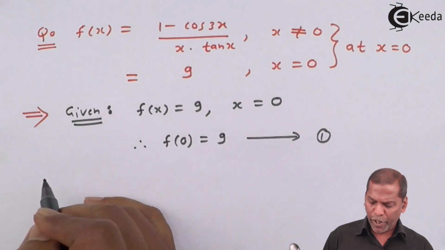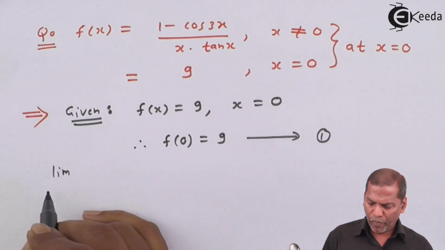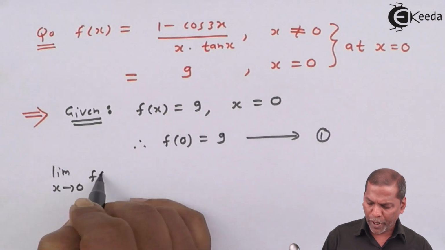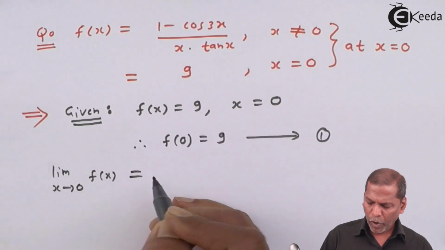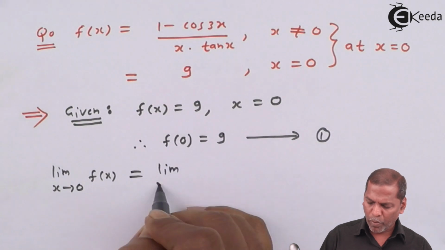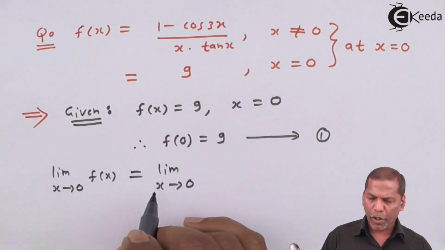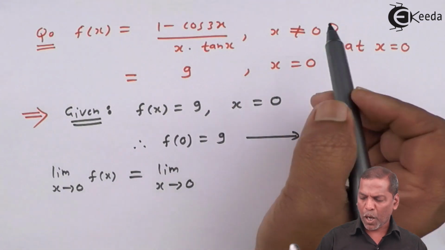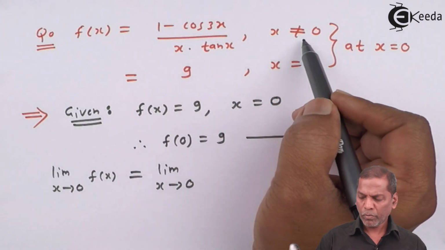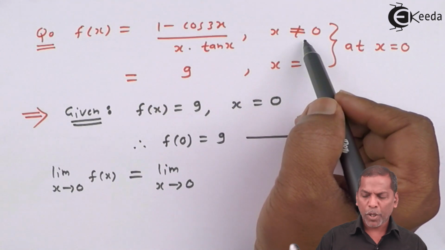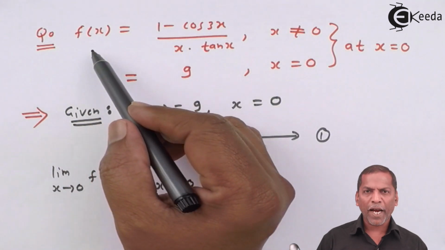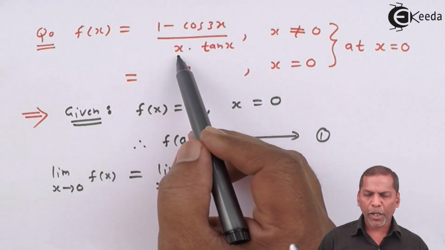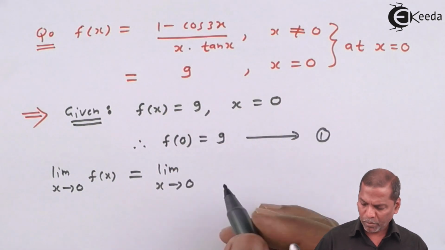The next step will be limit x tends to 0 of f of x, that is equal to limit x tends to 0. Now x tends to 0 means x not equal to 0, and for that purpose f of x is defined as (1 minus cos 3x) upon x into tan x.